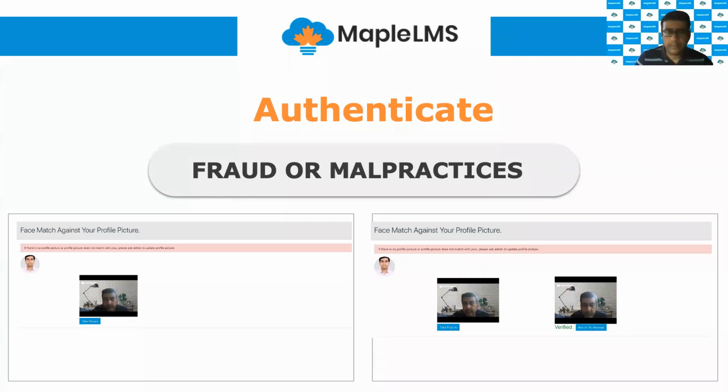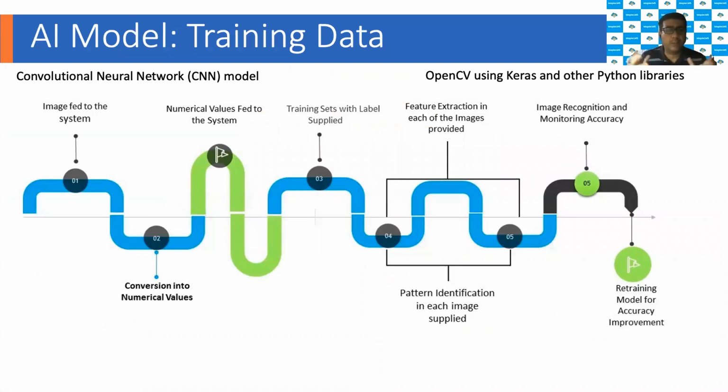And since we are on this part of AI facial recognition, I just want to tell you that at MapleLMS we have created an AI model using CNN, with Python libraries and OpenCV frameworks, where we train our model to ensure that it is effective enough in mapping the users, and we utilize this feature in our platform both at the start of the exam or assessment, and also during the assessment when the student is actually giving the exam.